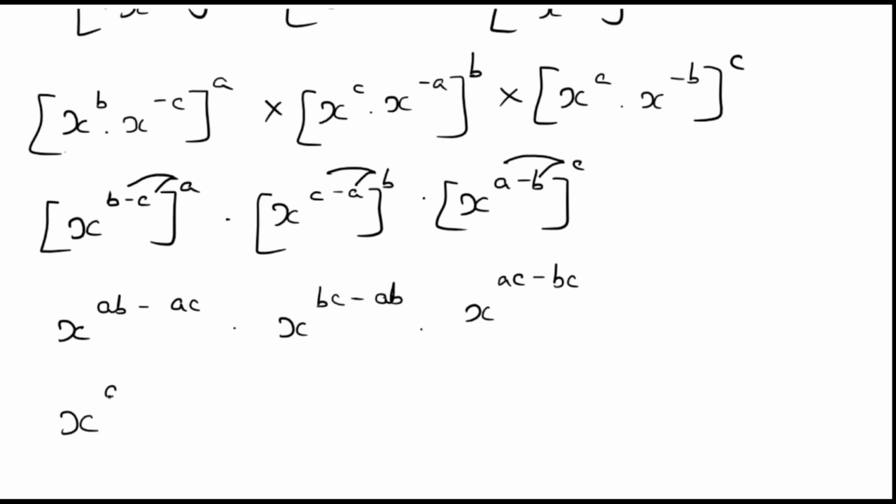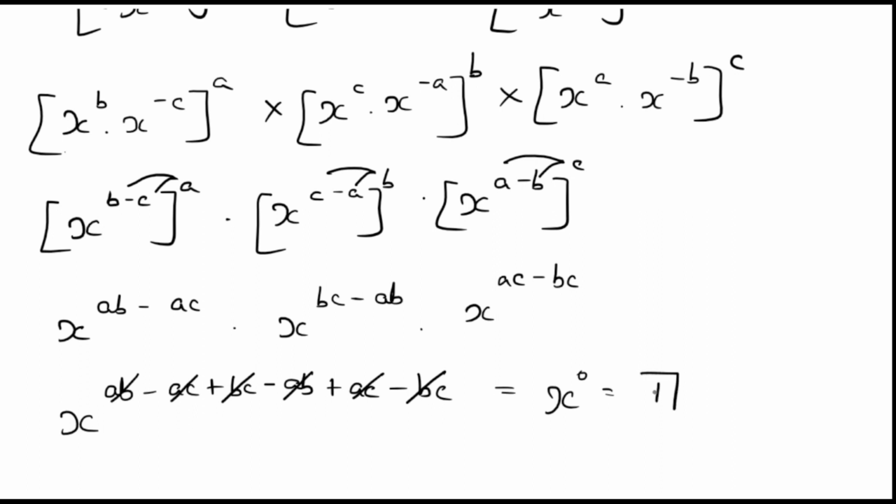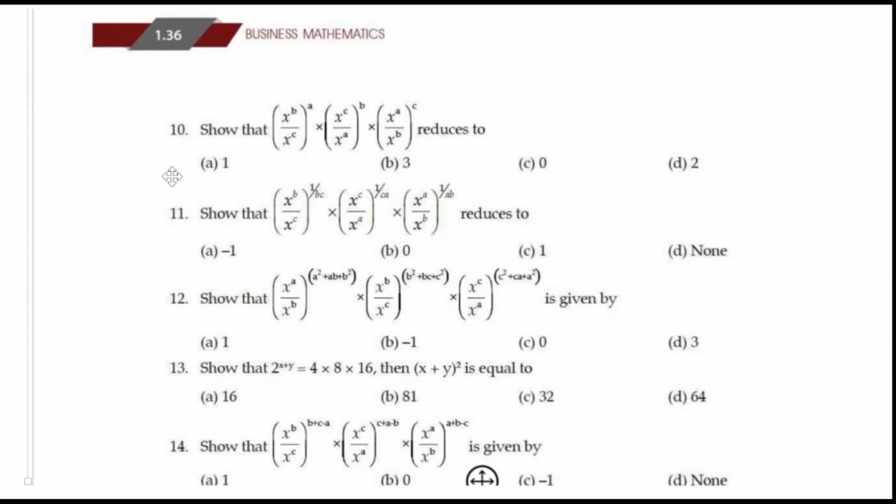We'll get x to the power ab minus ac plus bc minus ab plus ac minus bc. ab and minus ab, minus ac and plus ac, and plus bc and minus bc will get cancelled. So you'll get x to the power 0, which is equal to 1. Option A. So for the 10th one, option A is the correct answer. Moving on to 11th one.